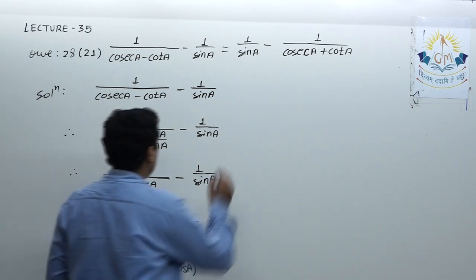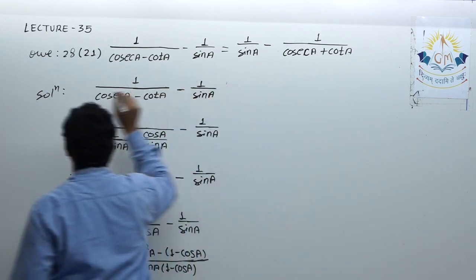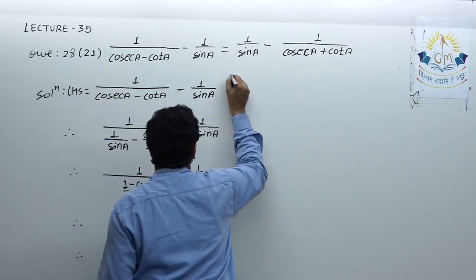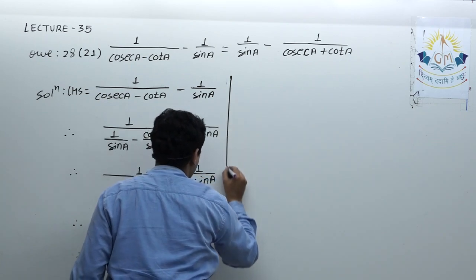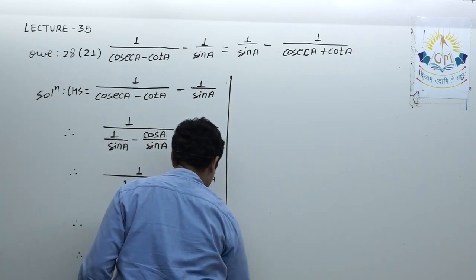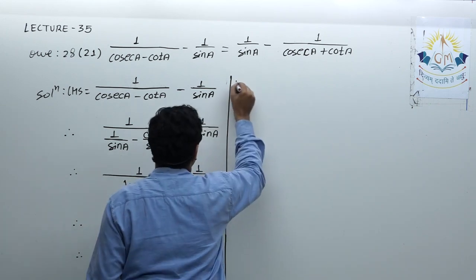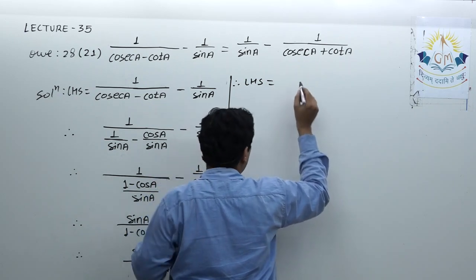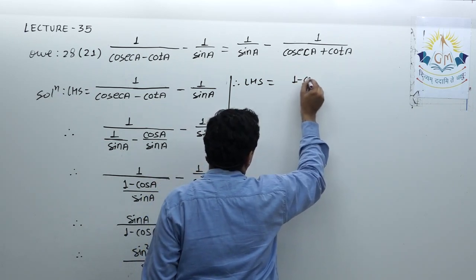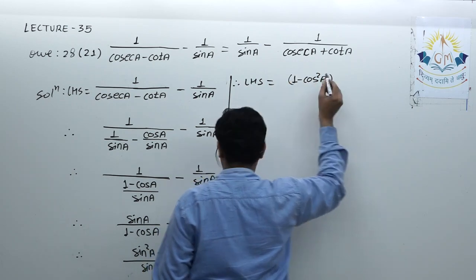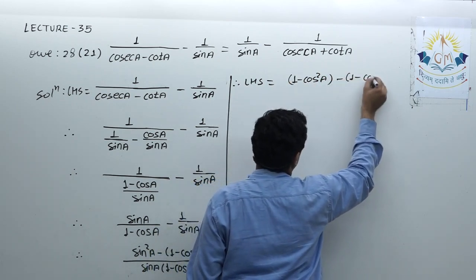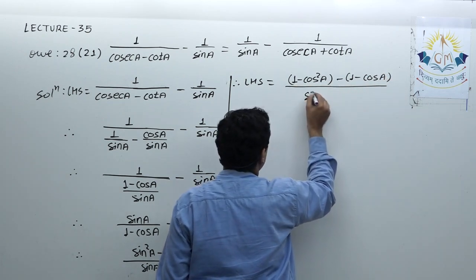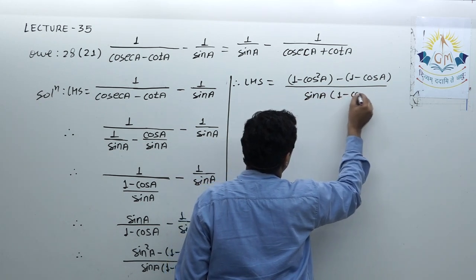Okay, so now in the numerator, see here actually I started from LHS. I forgot to write, so this is LHS actually. Therefore LHS is equal to, now here I can write sin square A is equal to 1 minus cos square A, minus (1 minus cos A), divided by sin A into (1 minus cos A).